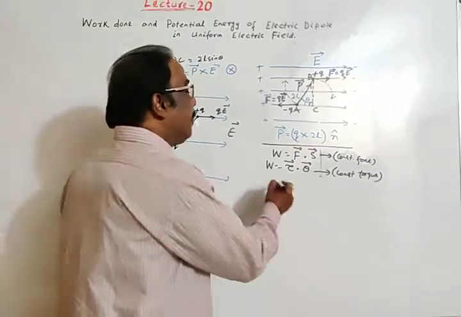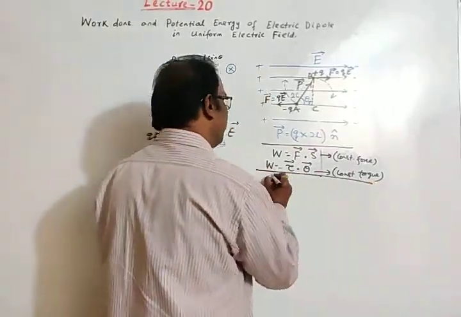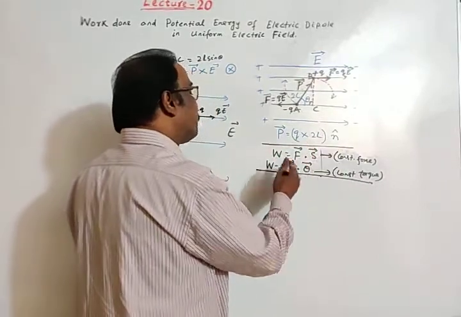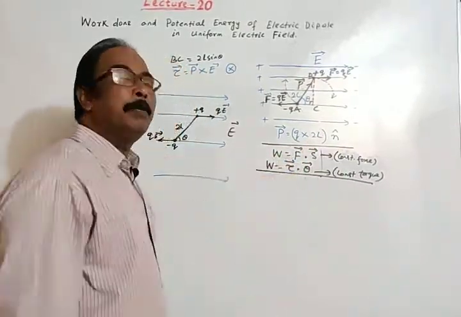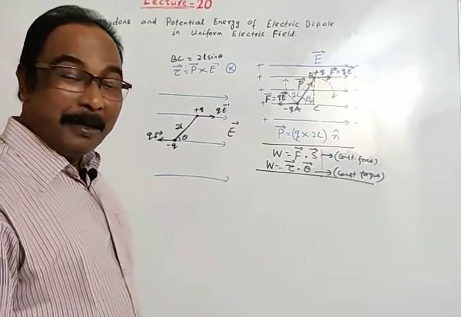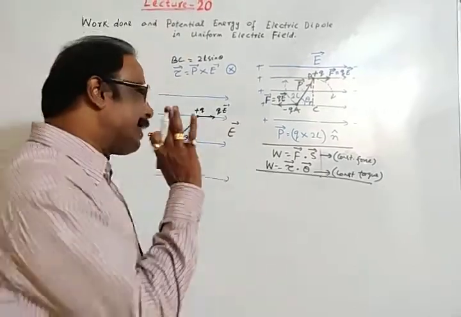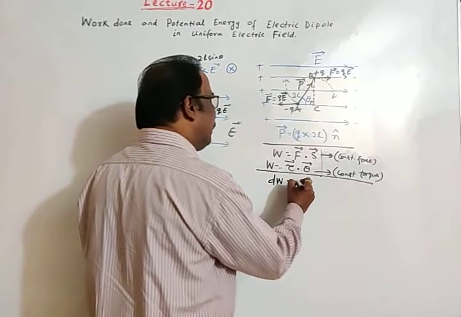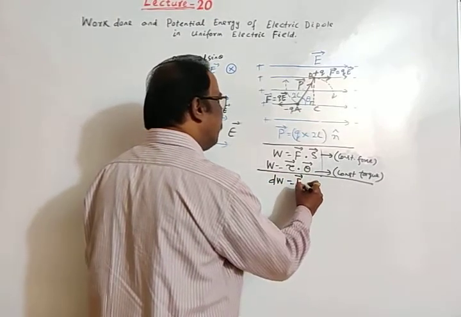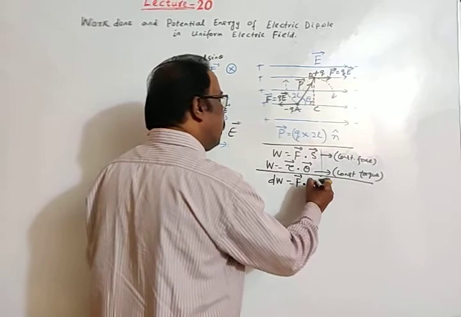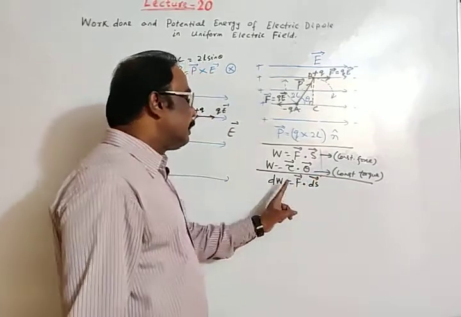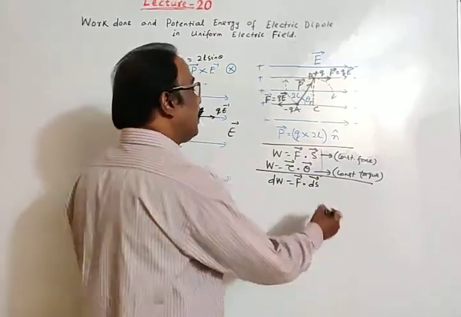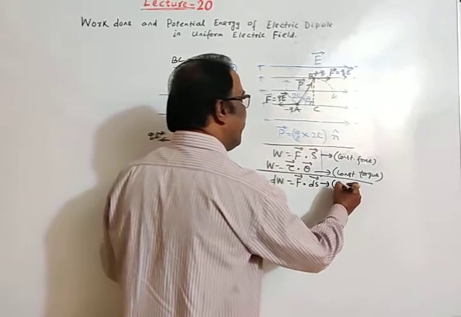But for variable force, if force varies, we can't take work equal to F dot S because the force is variable. In that case, we take a small amount of work dW equal to force dot a small displacement ds. dW is equal to F dot ds for variable force.